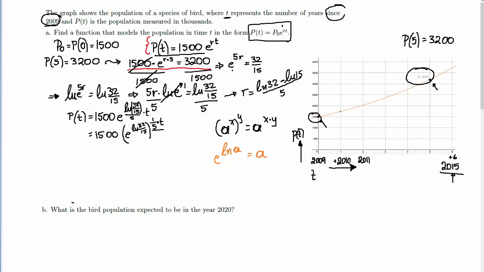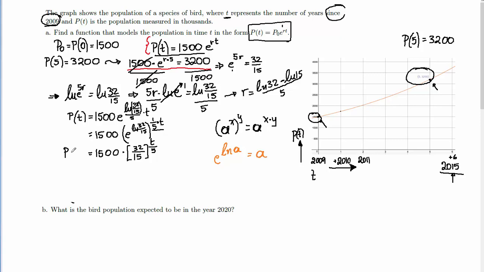So this means that I can further simplify that, and I can write it as 1500, this doesn't change, times 32 over 15 to the 1t over 5. And that's my function.